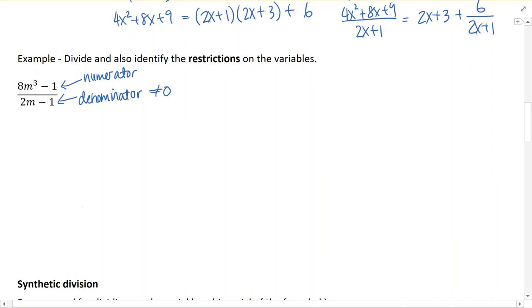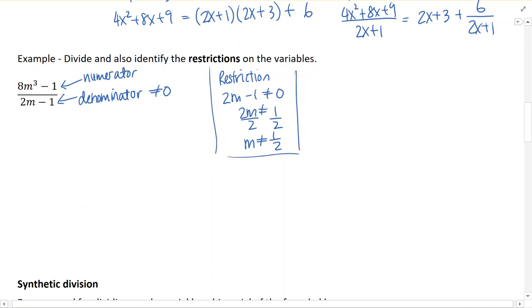Your calculator will be very upset if you do this, and you won't get an answer. So the restriction in this particular case is 2m minus 1 cannot equal 0. So moving things around, first we'll move the 1 over, divide both sides by 2. We know that m cannot equal 1 over 2. Boom, let's put that restriction in a box.